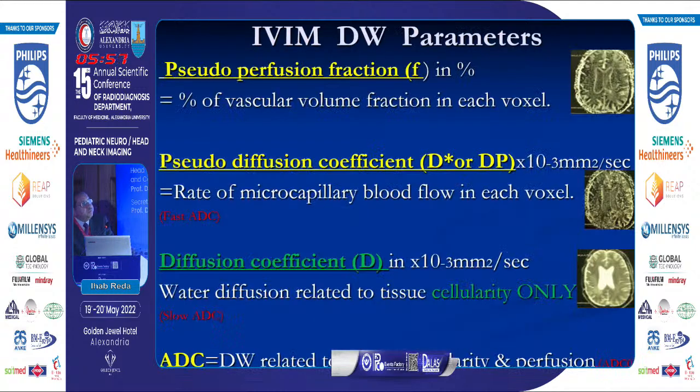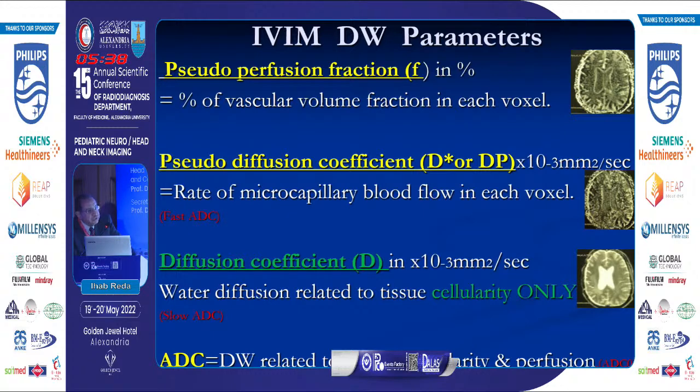Now, what are the parameters for IVIM? ADC, or what we call ADC 0, reflects diffusion in cellular and perfusion, the cellular or extracellular diffusion, and the perfusion or the flowing inside the vessel.